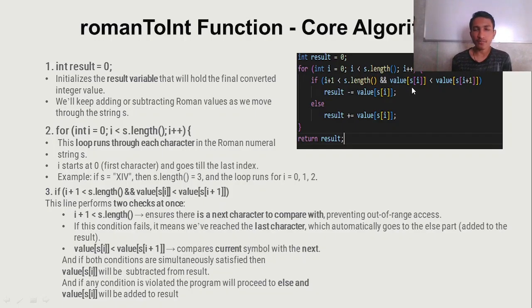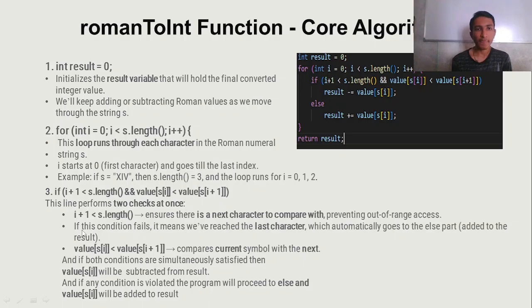Now what is this s[i]? This s[i] is a notation which gives the character at that index. It means if it is s[1], then it will give the character at index 1 in the string.